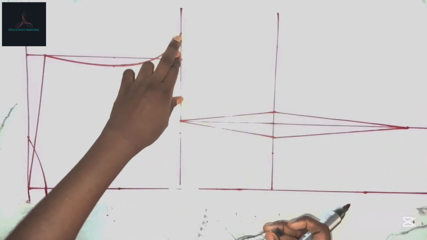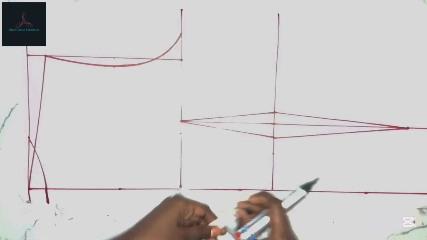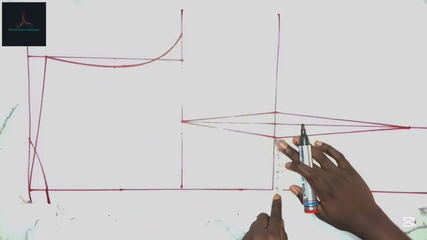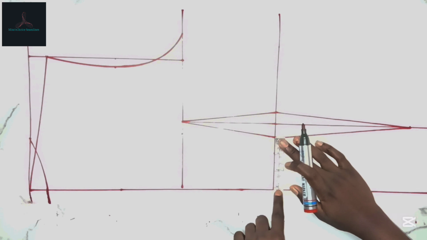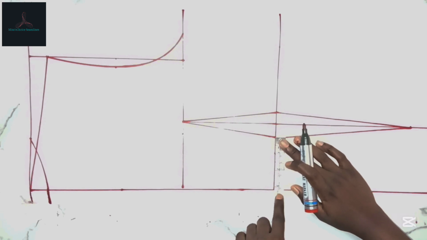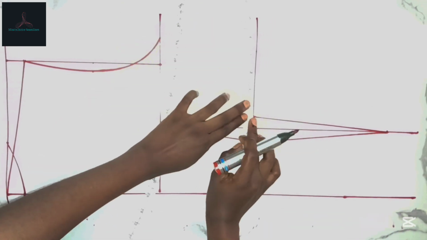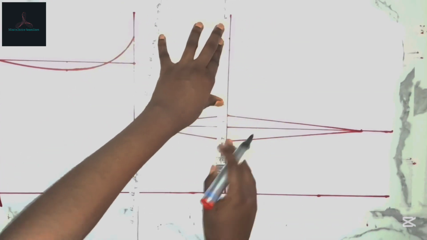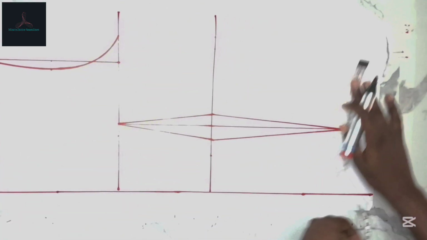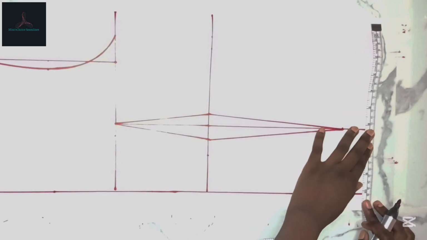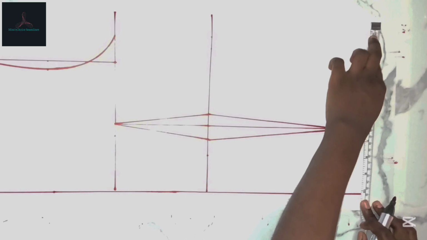Having taken my bust measurement here, I am going to take my waist measurement of 7¾ inches here. My hip measurement of 10.25.